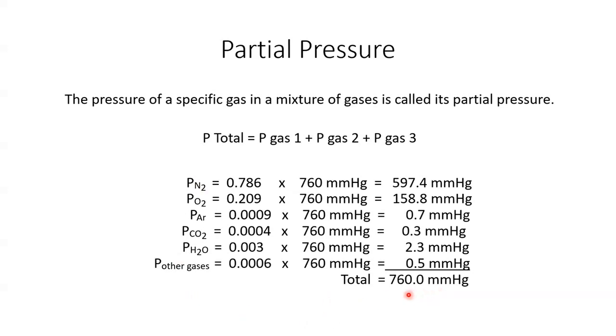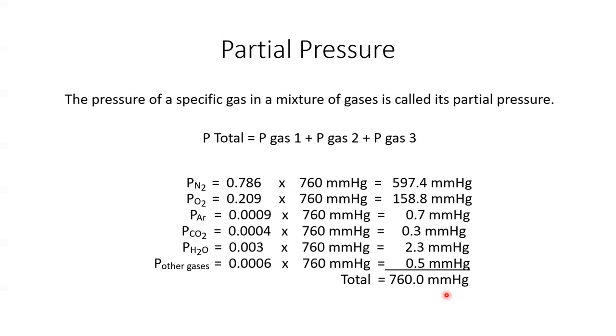Atmospheric pressure, which I've mentioned before, at sea level is 760 millimetres of mercury. Now, we can determine the partial pressure exerted by each gas in a mixture by multiplying the percentage of the gas in the mixture by the total pressure of the mixture. So I know that sounds a bit confusing, but I'll give you a few examples.